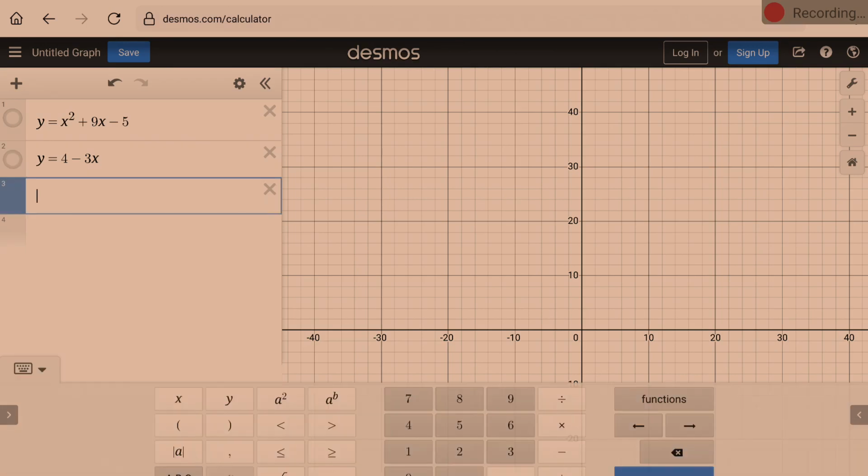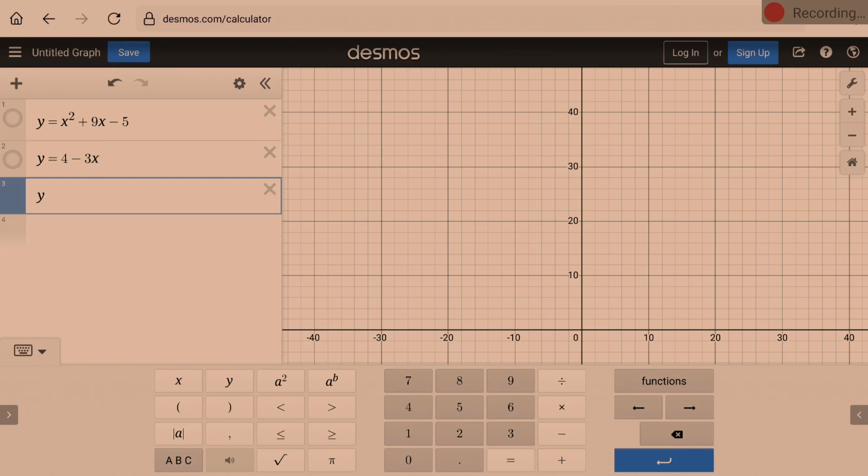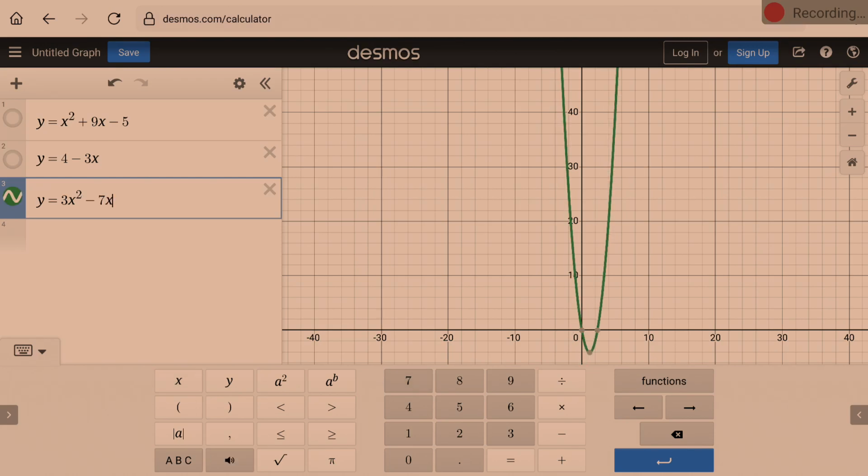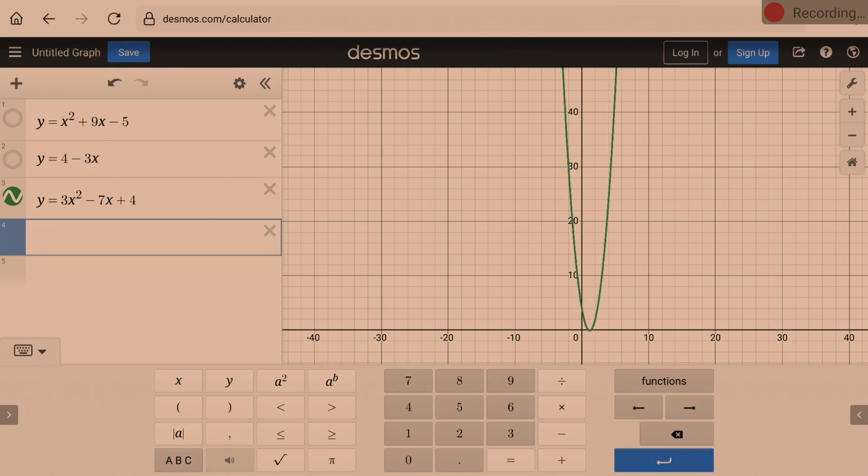So y equals 3x squared minus 7x plus 4. There's one of them. And y equals 9 minus 2x. Okay.